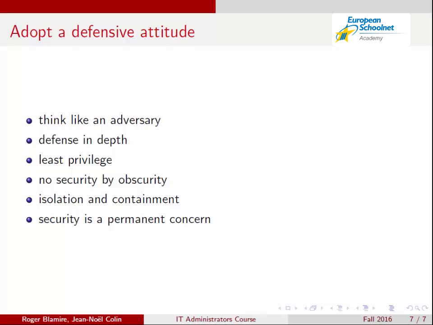An important principle is also isolation. Instead of having just one big network or just one big server where everything is running, try to build containers to separate the different environments. You can subnet, you can create separate networks, you can create virtual machines rather than having everything running on just one machine. The idea here is really to contain an attack in case something goes wrong.